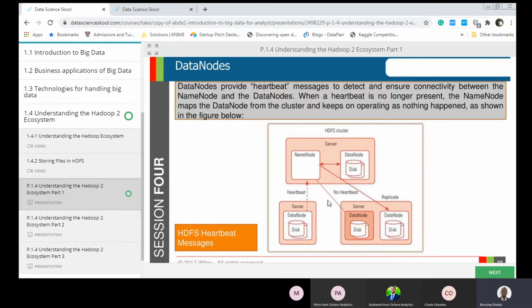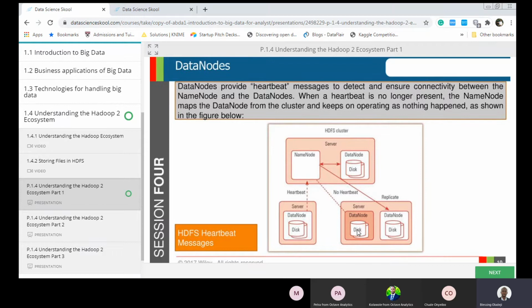And because the data itself is stored on the disk within the data node, there must always be communication between the data node and the name node, so that if a data node is no longer available, in this case, this particular data node is not available. That is why it's painted red. There's no heartbeat, no communication between this data node and the name node. So the name node will know that this disk is not available.